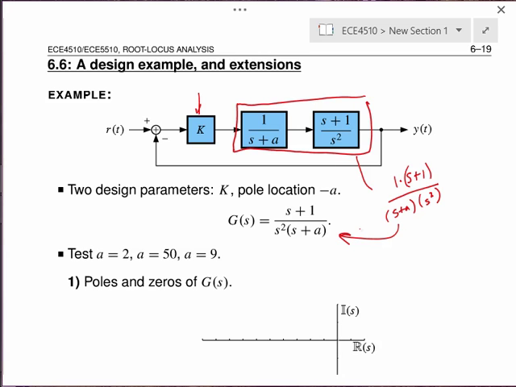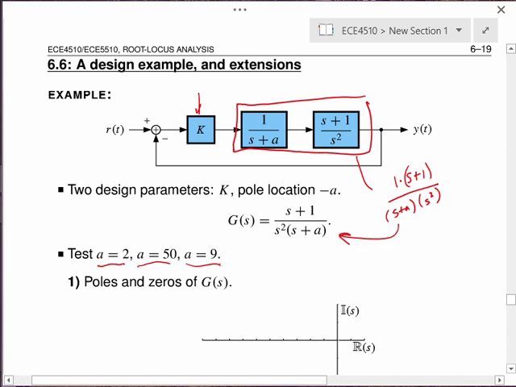What we choose to do here is to select 3 different values of A and see how that impacts the root locus when I plot the root locus as normal as K varies from 0 to infinity. So we're going to see what happens when A equals 2, A equals 9, and A equals 50.